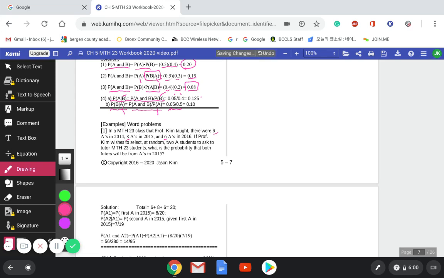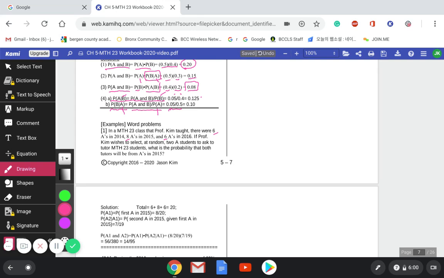If Professor Kim wishes to select at random 2 A students from the 3 years to tutor other Math 23 students, what is the probability that both tutors will be from the A's of year 2015?